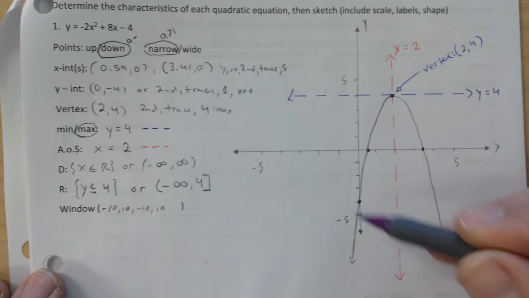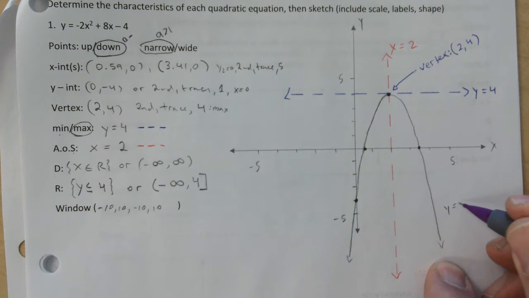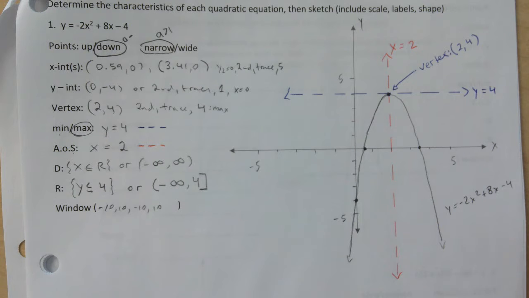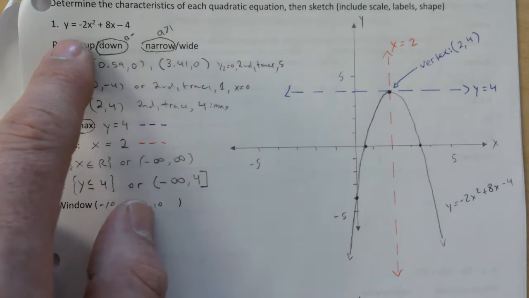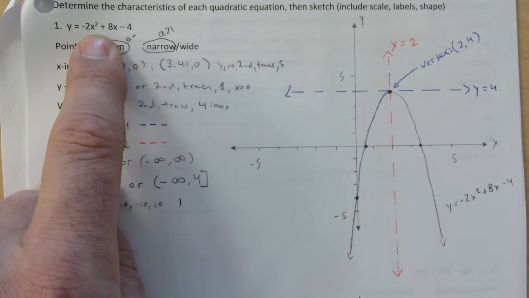Okay, so we have this here. This graph is done. That would be a complete graph with the exception of, if you wanted full marks, have the label there, the equation, okay? In this case, it's not crucial because we know that everything in this section revolves around that equation, right?